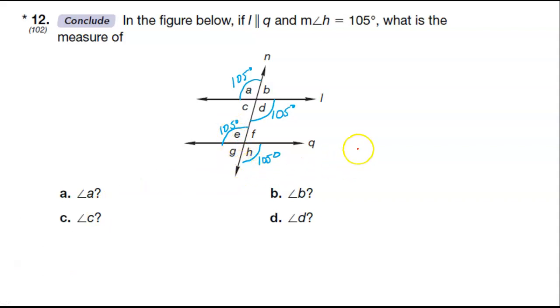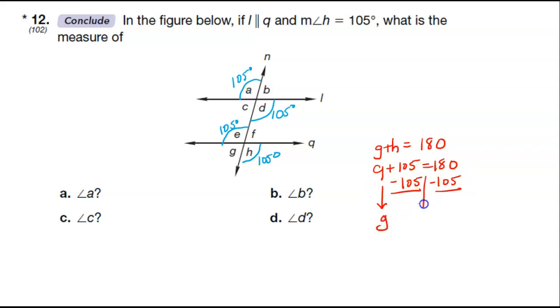I know that G plus H is equal to 180 because it makes a line here. So I know that H is equal to 105. And if I solve for G, I get 75. So that means G is 75, F is 75, because they're vertical angles C and B. That should answer all of the questions.